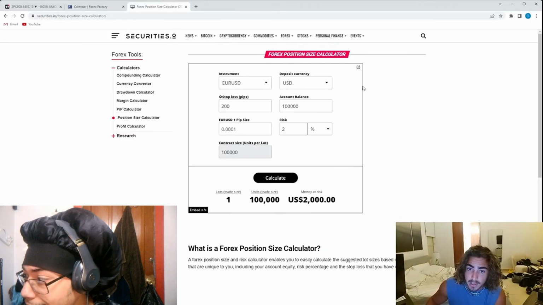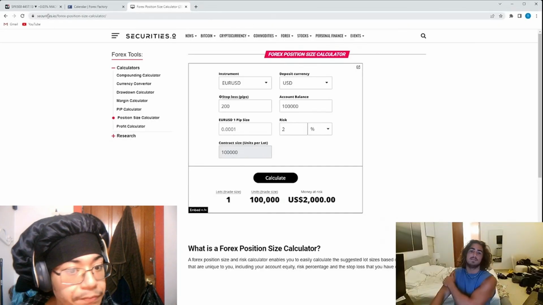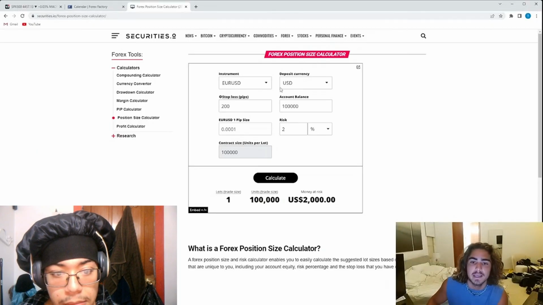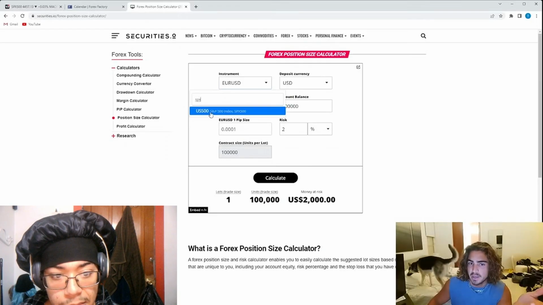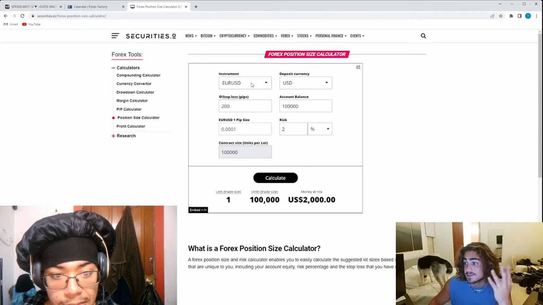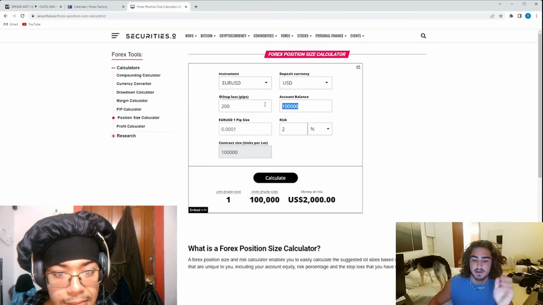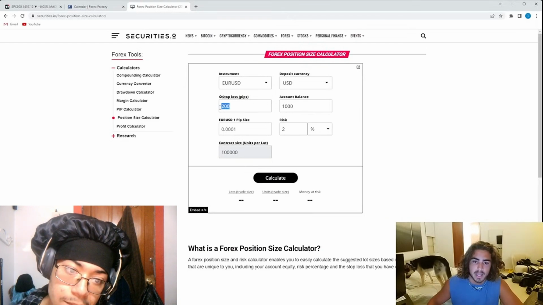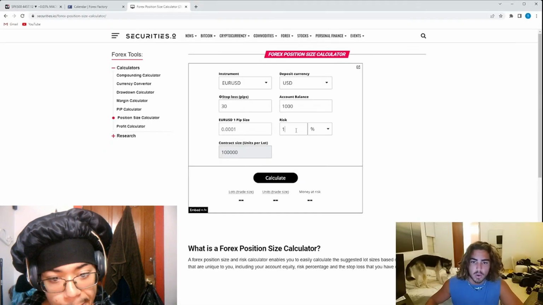To do it on the internet, we have this nice little website right here. And I like using this site because it has the option for the S&P, and it has Forex pairs, so 2 in 1, versus Stinu doesn't have that. Same thing on here. Let's say we have a $1,000 account balance, and let's say we have a 30 pip stop loss, and we want to risk 1%.